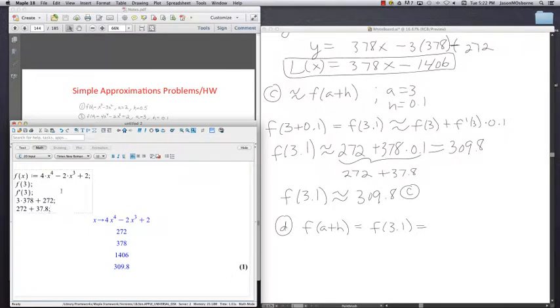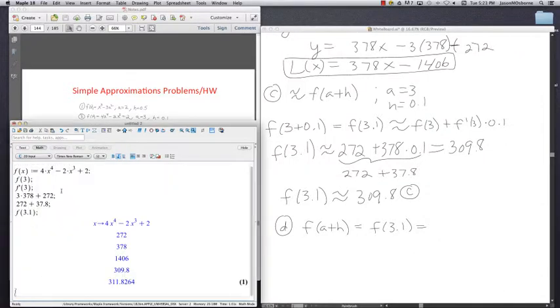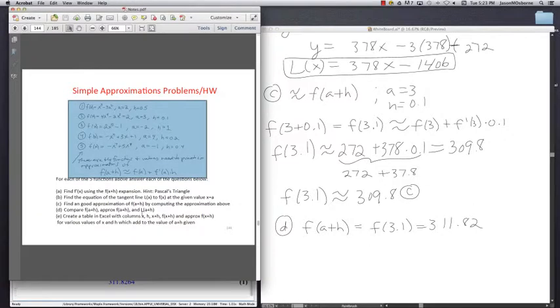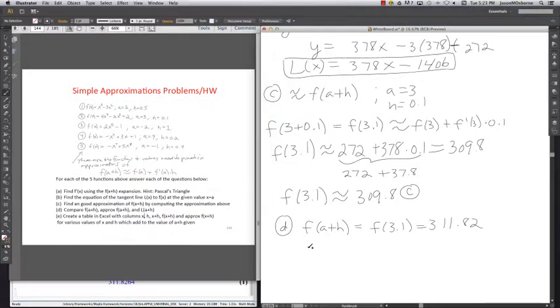You put 3.1 into the function and it comes out to be 311.82. The other part asked us to find the approximate value of f of a plus h. That was what we found in the first part, 309.8.